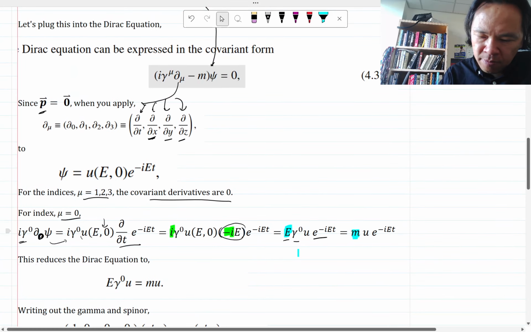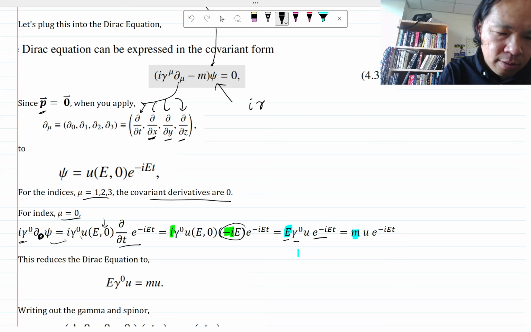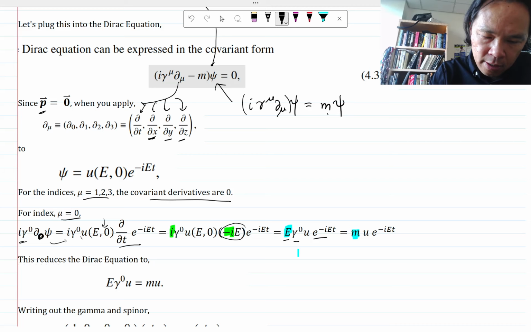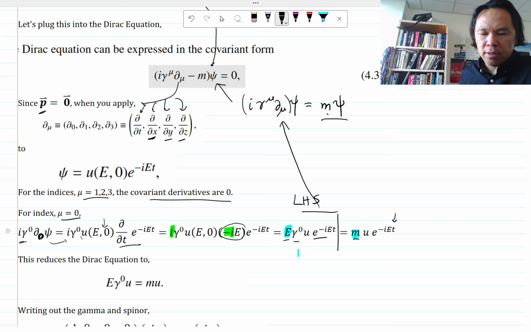Oh, yeah. This right-hand side actually comes from the right-hand side of this equation, so let me just rewrite that real quick. Gamma mu, partial mu. I'm going to rewrite it like this instead, because that will make more sense for me. So this is all on the left-hand side. The right-hand side is just mass times the wave function, and the wave function is just u times e to the minus i E t in the case that the momentum is 0.